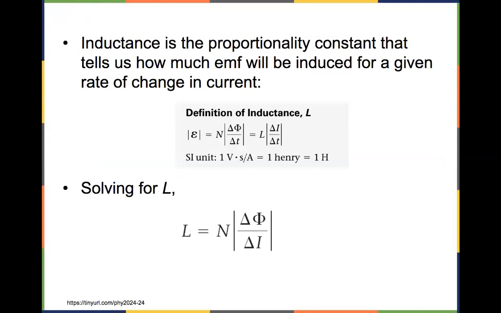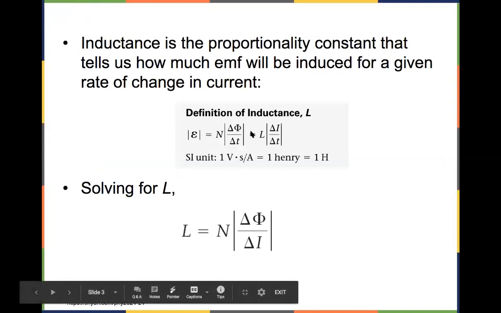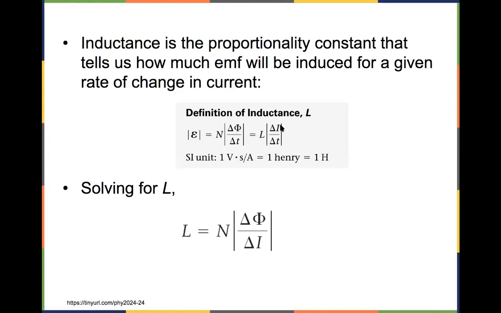And the induction is proportional to the change in current, so it's given by this formula over here. The induced EMF is equal to the inductance L times the change in current over change in time. And because the induced EMF is also equal to the change in flux, you can have two expressions for the induced EMF.